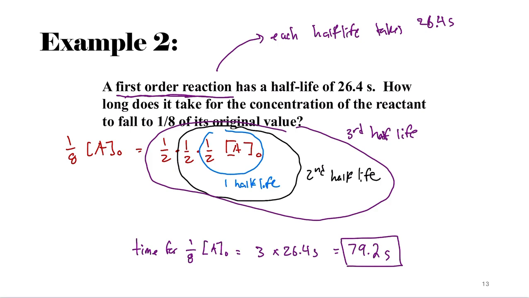I think to actually do the long way, you'd actually need more information, right? So if you were given the rate constant, you could then also know, the same way we solved for the half-life, we would say 1/8 the initial concentration is the concentration after time t, and then you could solve for that time as well.